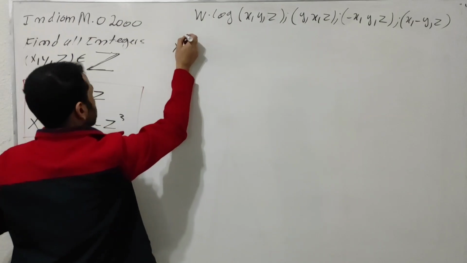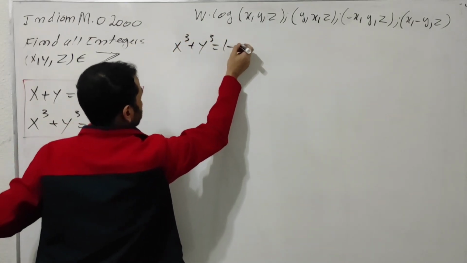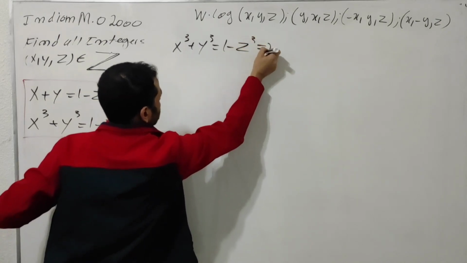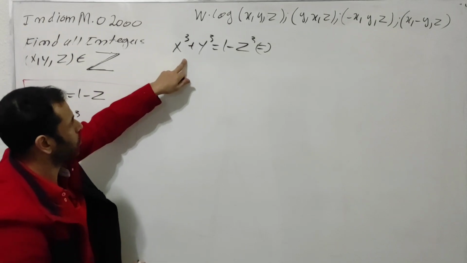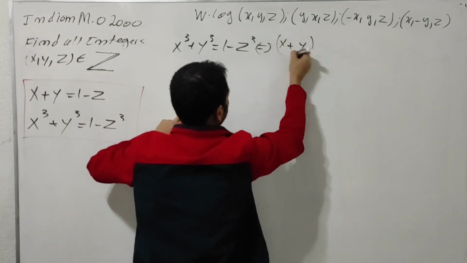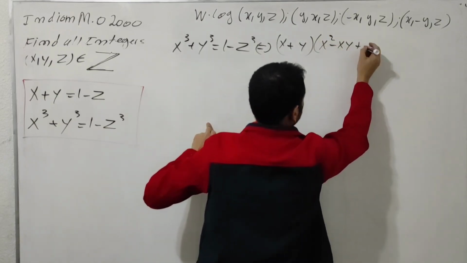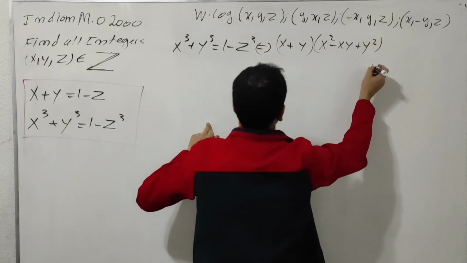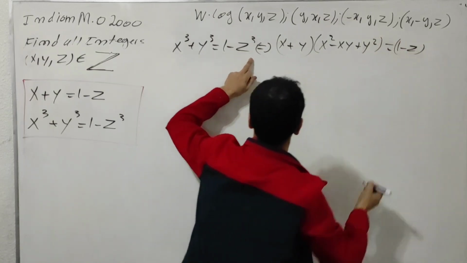I have x cubed plus y cubed equals 1 minus z cubed. Equivalently, I'm going to factor the left hand side of this equation. I get x plus y times x squared minus xy plus y squared, equals 1 minus z, and I'm going to factor this one as well.